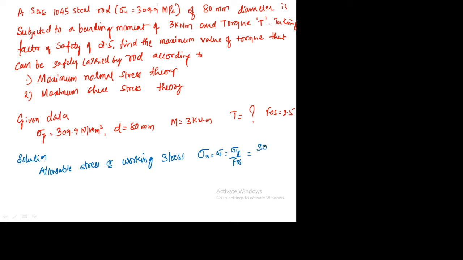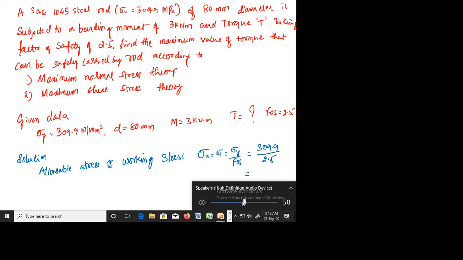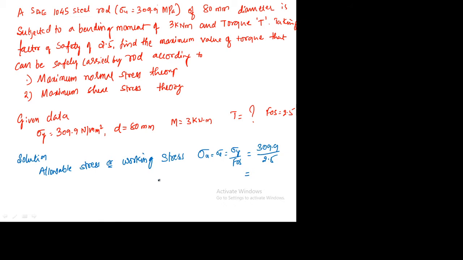Now 309.9 divided by 2.5. How much did you get?